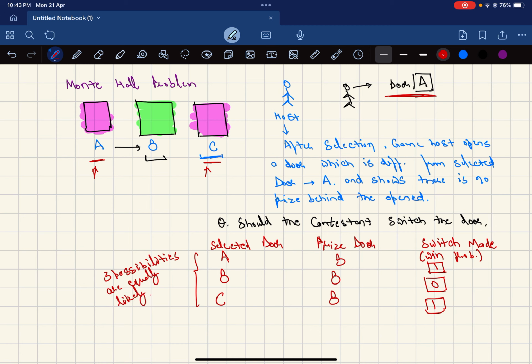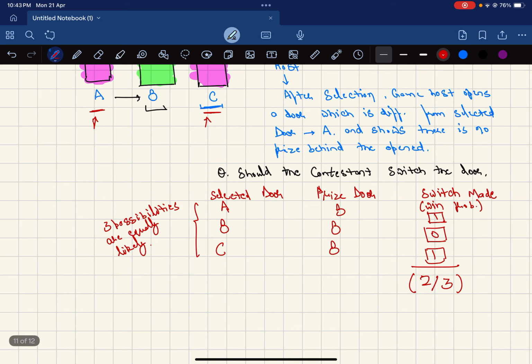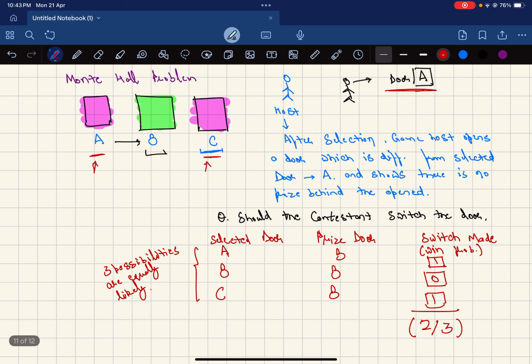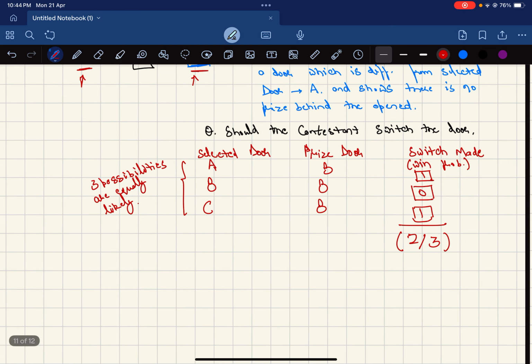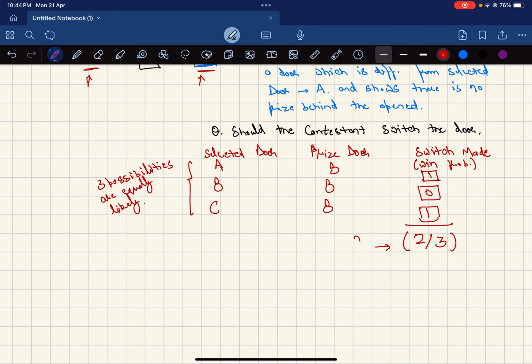So the probability of winning if we switch the door is actually 2 by 3.